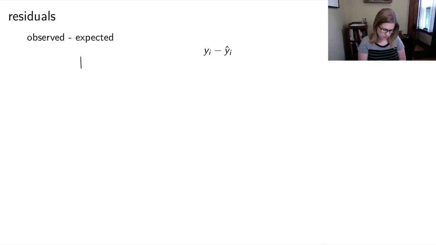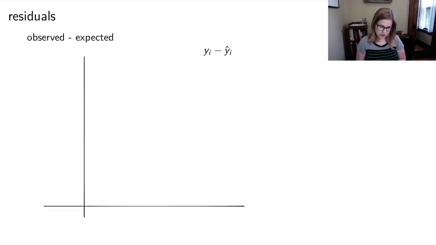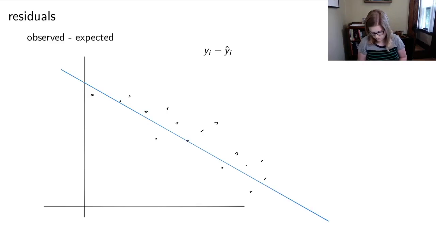So I'm just going to draw a little picture. So let's imagine that we've got some data and it looks like this. And then I'm going to fit a model line. I'm just going to draw it. We'll say that that's it. So that's our model line.